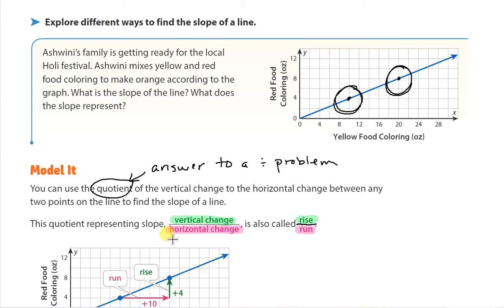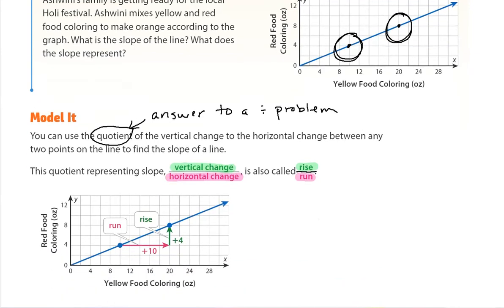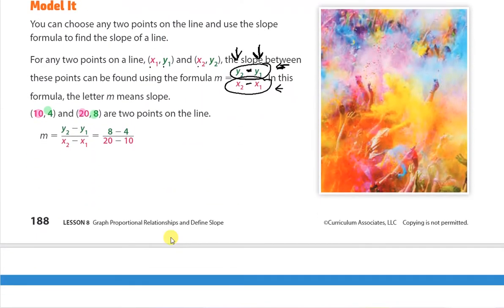These coordinates go second with the y's on the bottom. Okay, so you can see how they've done it right here. I'm just going to rewrite it. So the y's go on top, but the second one goes first. Y2 minus y1. And then the x's go on the bottom, but the second point goes first. 20 minus 10.